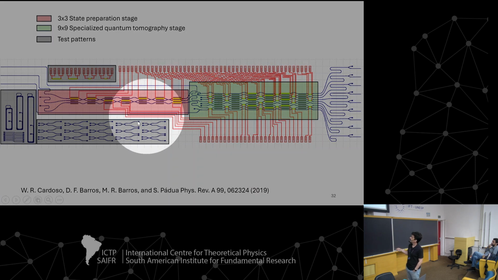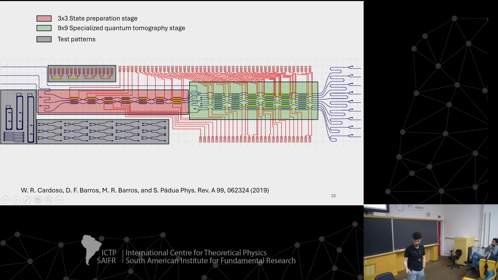So we designed this for them, right? This is a qubit state preparation stage, and this is the qubit tomography stage, which was built according to their designs. And now we started testing this. We haven't heard from them in a while. I'm curious if they already did something with it.